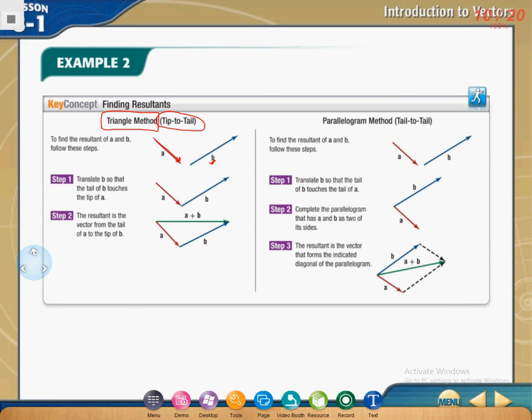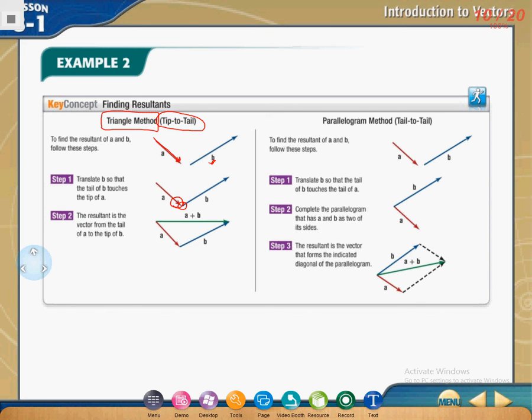I guess you took it in physics, anyhow. Finding the resultant means I have to translate one of the vectors so that the tail of the second one touches the tip of the first one.